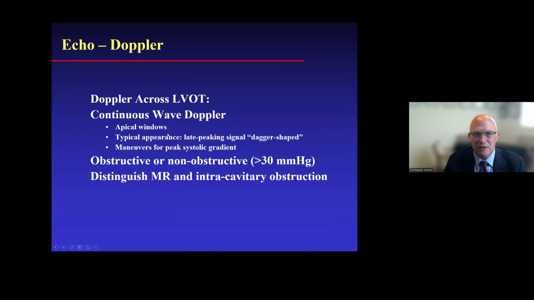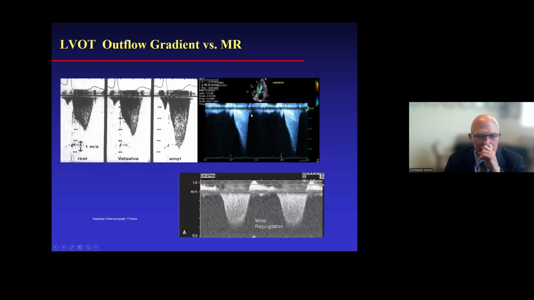Important with Doppler is to measure the outflow tract obstruction, typically with continuous wave Doppler in the apical windows, looking for the classic late-peaking dagger-shaped envelope. We've talked about obstruction, MR, and intracavitary obstruction can be identified as well.